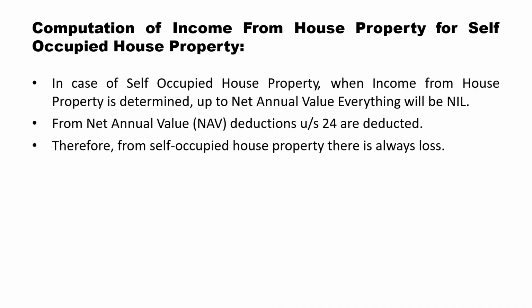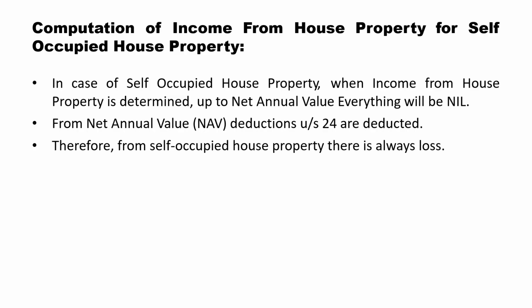Clearly understand what I am going to tell you. Whenever you compute the income from self-occupied house property, up to net annual value, each and every amount is zero. Your gross annual value is zero. Your net annual value is zero. Everything is nil up to net annual value.